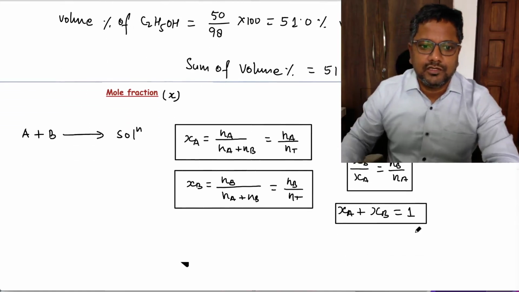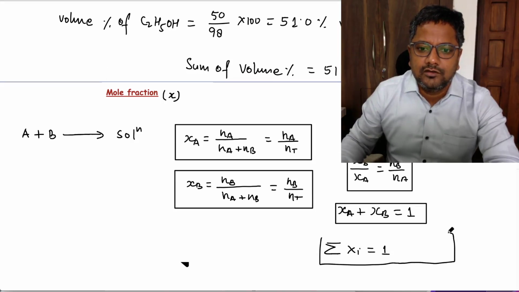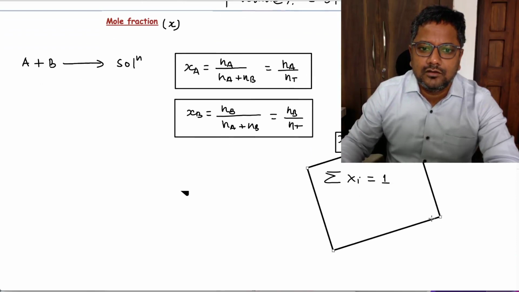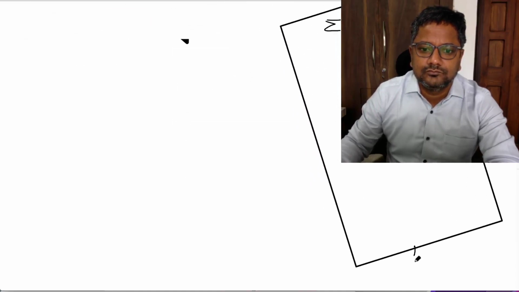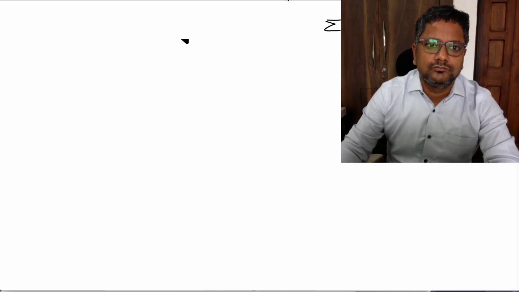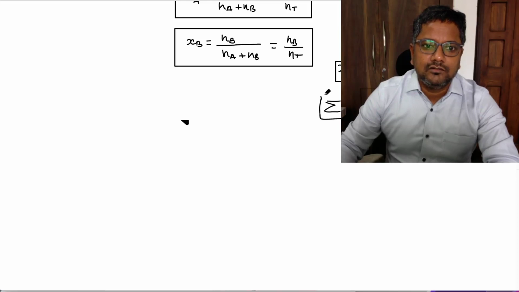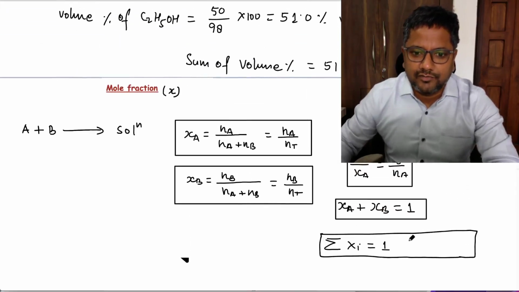Or you can write sigma xi is equal to 1, always.